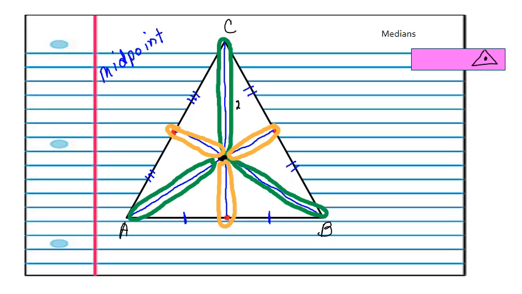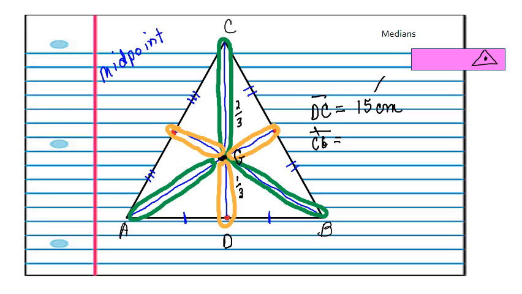So remember that this is 2/3 and this is 1/3 of the whole. So if from D to C here was a total of 15 centimeters, then from C to the middle, which I'll call G, from C to G would be 2/3 of 15.